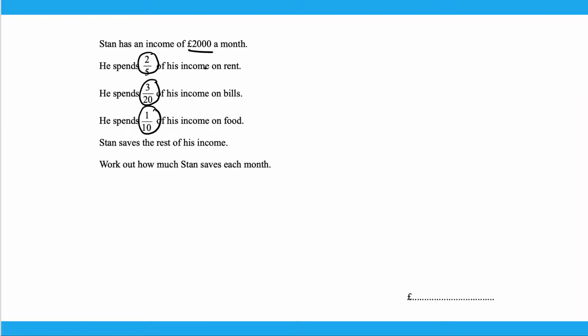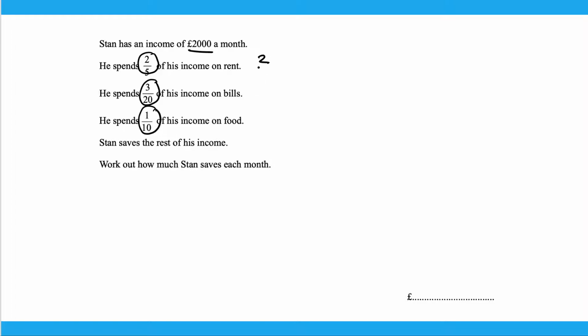Okay, so if he earns 2,000 a month, we can work out how much he spends on rent, how much he spends on bills, and how much he spends on food. Okay, and then we can subtract it from the total amount to work out how much he has left. Okay, so we're going to do that.